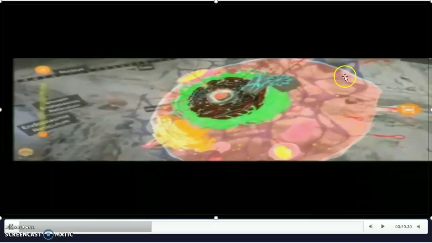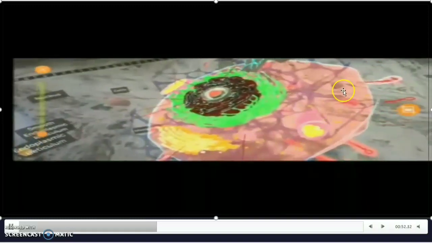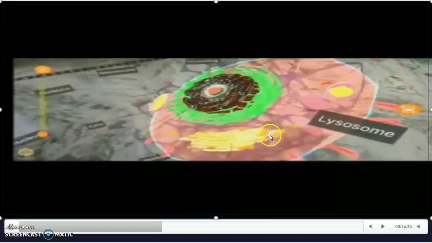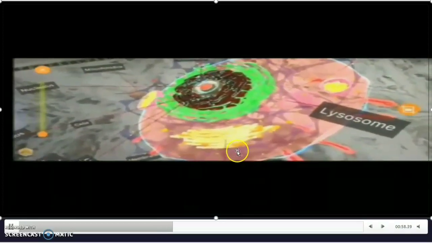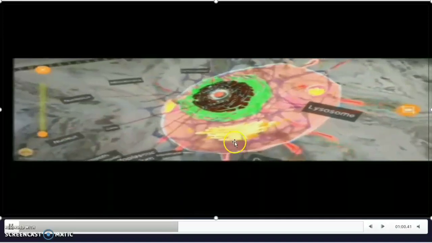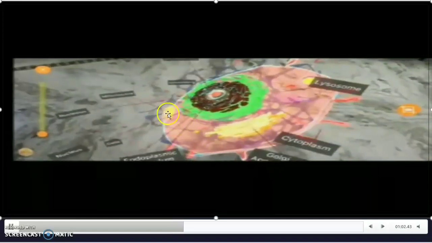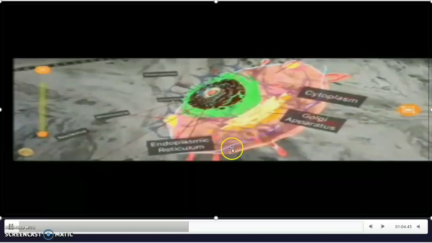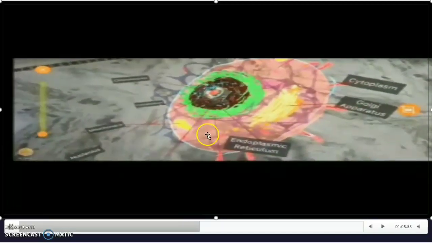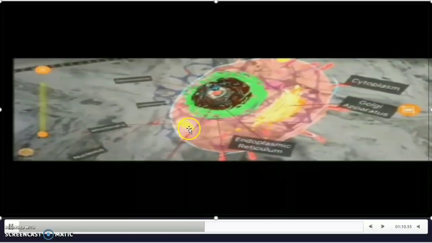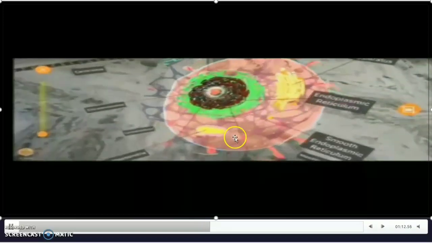And these are the vacuoles. Compared to plant cell, the vacuole size is smaller. Lysosomes, Golgi apparatus or Golgi complex, Golgi body, endoplasmic reticulum around the nucleus. This is mitochondria.